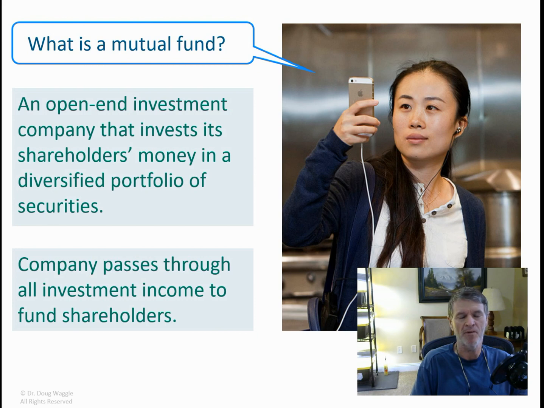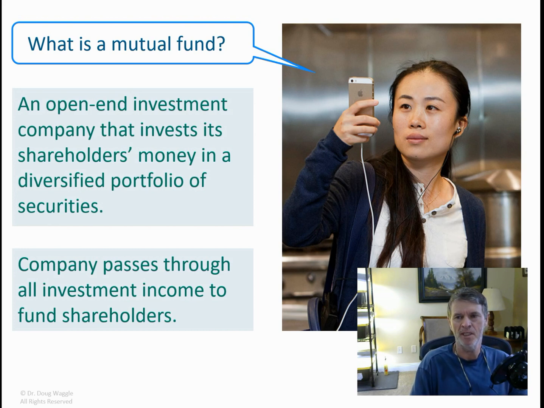So if one of us decided to start a mutual fund, everybody in the class could give that person or the company they formed cash, and then they would take that pool of funds and buy a diversified portfolio of securities. All different kinds of securities, but the main types bought by mutual funds are stocks and bonds.